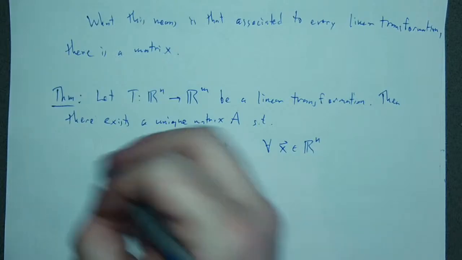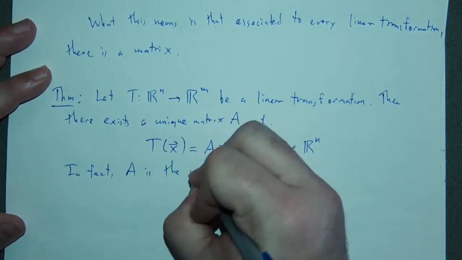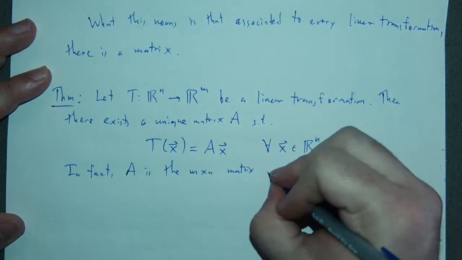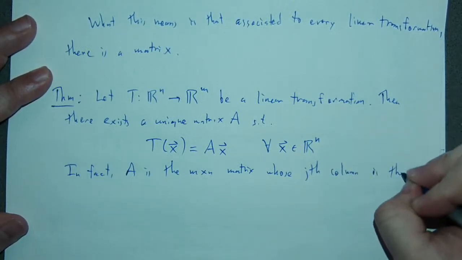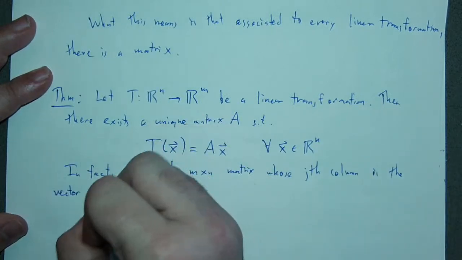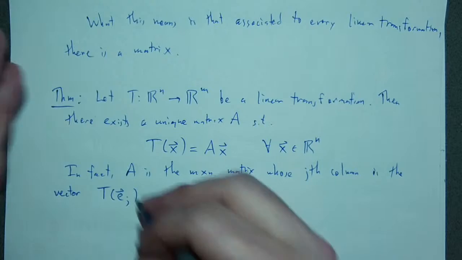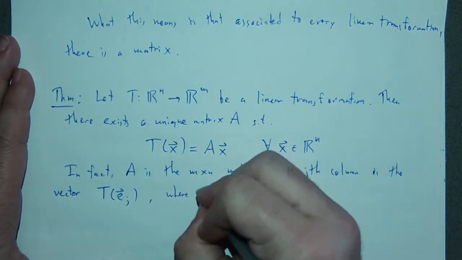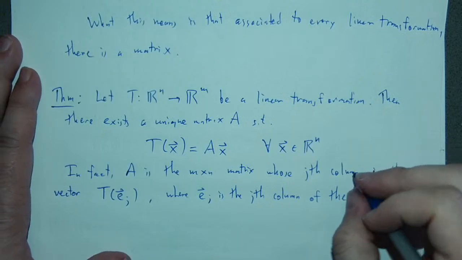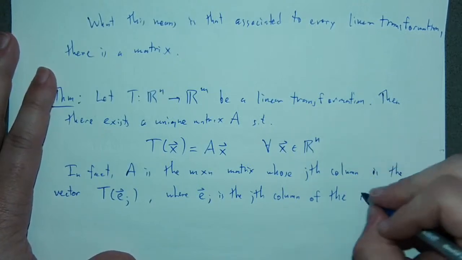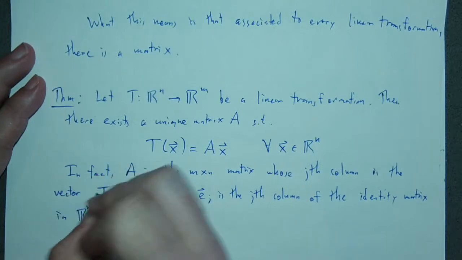In fact, A is the m by n matrix whose jth column is the vector T of E sub j, where E sub j is the jth column of the identity matrix in Rn.